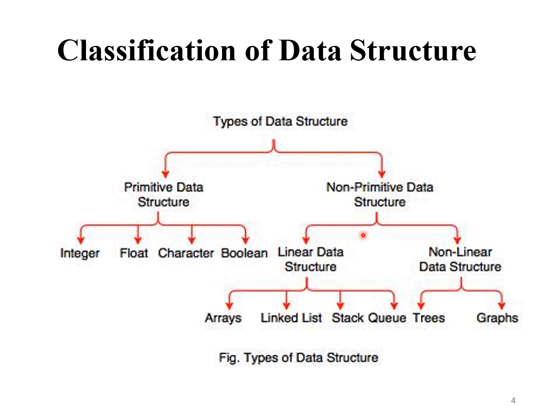And non-primitive data structure are of two types, linear data structure and non-linear data structure. Linear data structure contains arrays, linked list, stack and queue, and non-linear data structure contains trees and graphs. In the next slides, we will discuss all these data structure types.